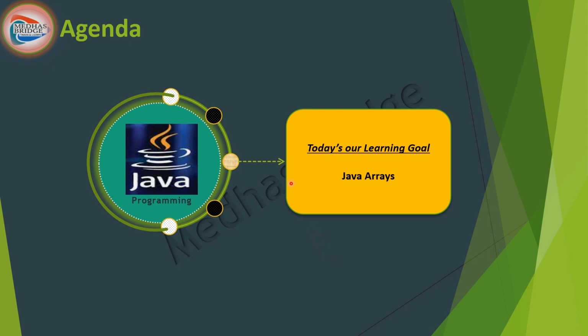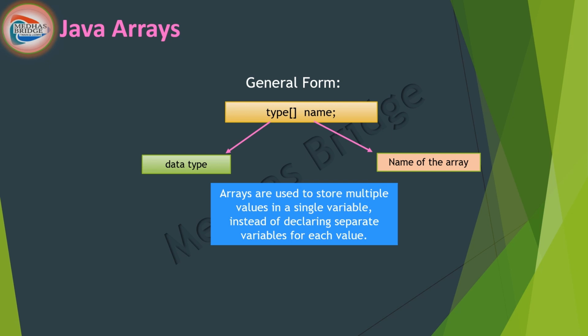Here is our today's agenda. Java arrays. The general form of Java arrays, you could see this way: type, square brackets, and then the name. Whenever you see this, surely this is a sort of array.